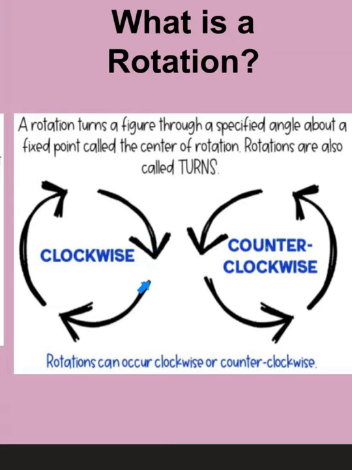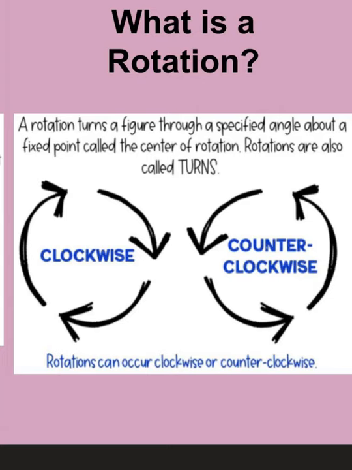Counterclockwise would be the opposite direction. Rotations can occur clockwise or counterclockwise, so you need to pay close attention, because a clockwise rotation is not going to be the same as a counterclockwise rotation.